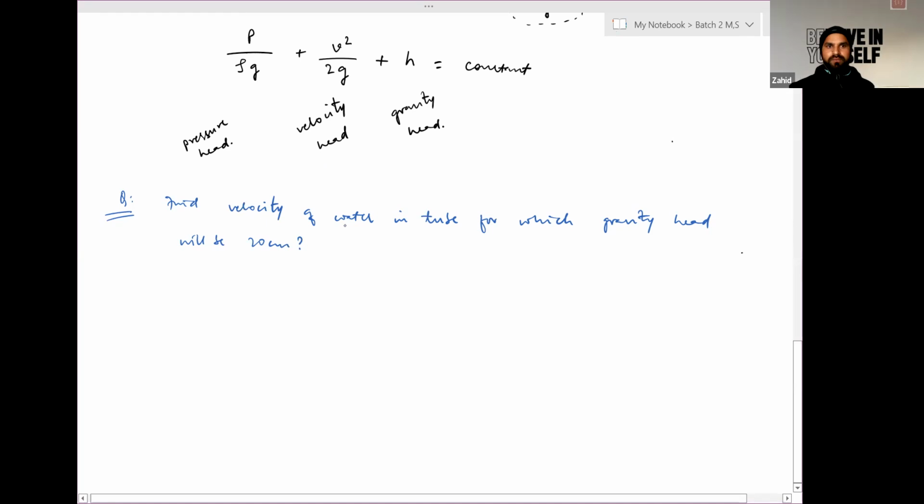We have to calculate the velocity of water for which it is equivalent to a gravity head of 20 centimeter. So just equate these two terms to find v.